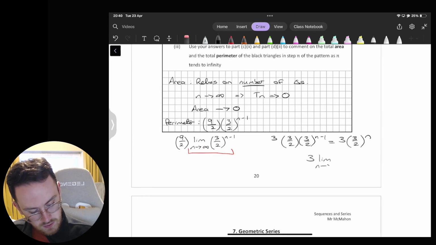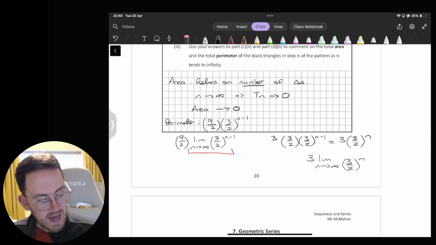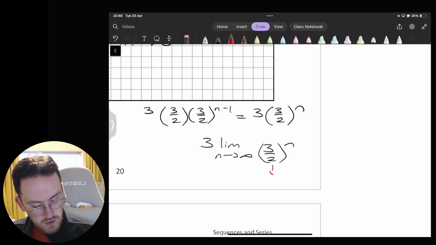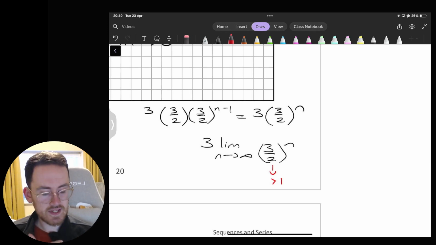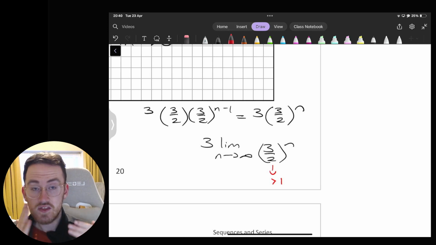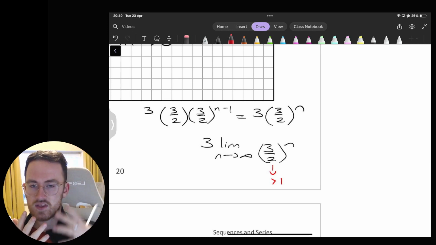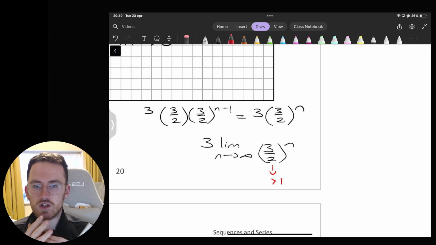So the limit as n goes to infinity of 3 over 2 to the power of n. Instead of this going towards 0, because this fraction is greater than 1, what's going to happen is, as I increase those powers, the numerator is going to stay bigger than the denominator. So my fraction overall is going to be top heavy.